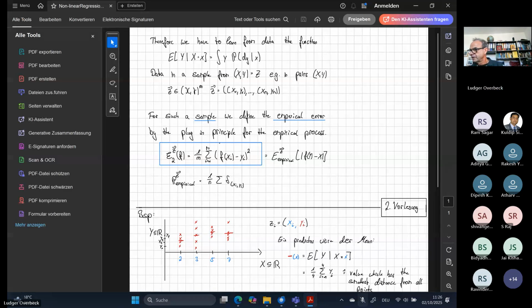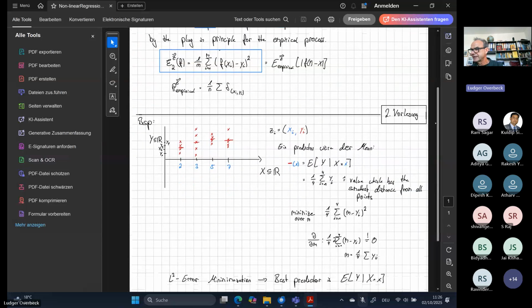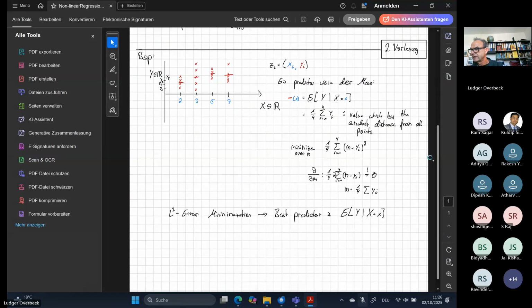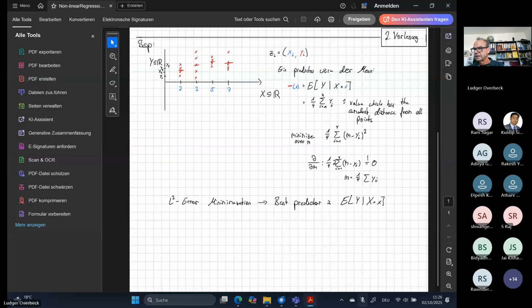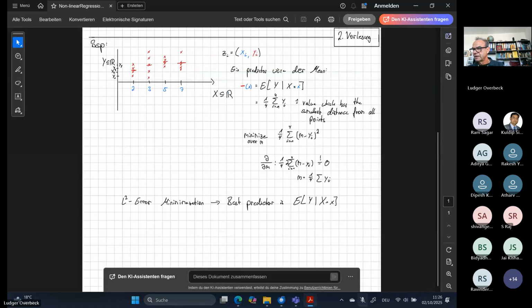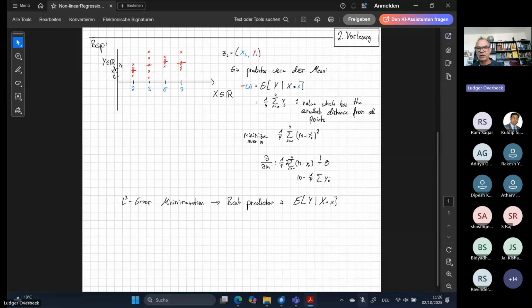But let's assume, of course, that in reality we have examples like this. These are your data, these are your observed data. We have now a discrete world. You say, okay, we have input 2, and we have these 4 outputs.